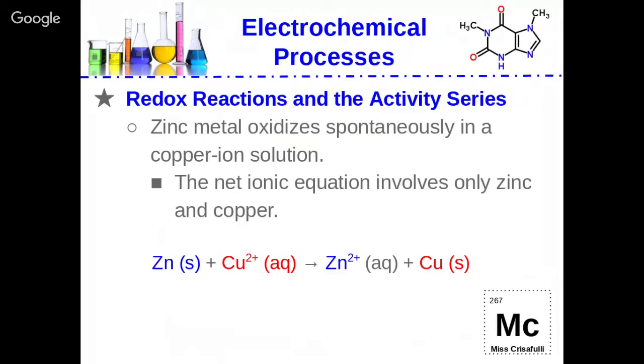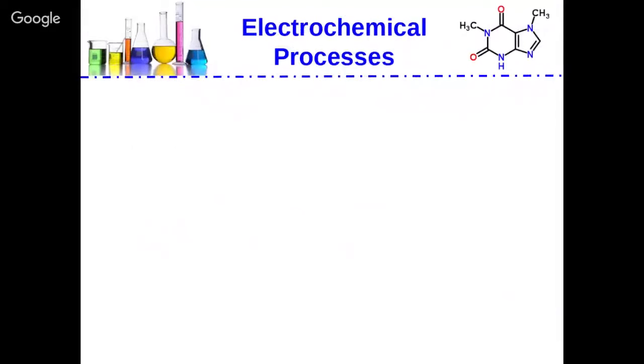And let's review how to assign oxidation numbers to these. Zinc is a metal by itself, so its oxidation number is 0. Copper 2 plus is an ion, so its oxidation state is the charge of the ion. Zinc 2 plus is again zinc 2 plus, and copper solid is 0 because it's in its elemental state. Now remember, once we assign our oxidation numbers, we look at who's losing electrons and who's gaining electrons.